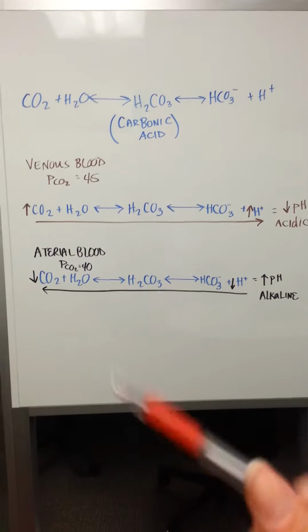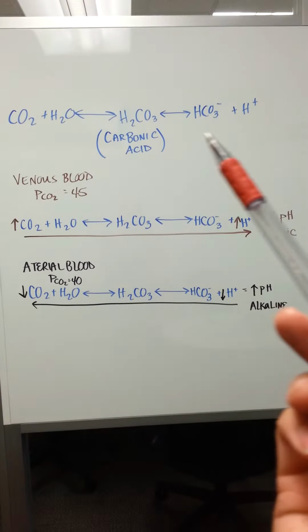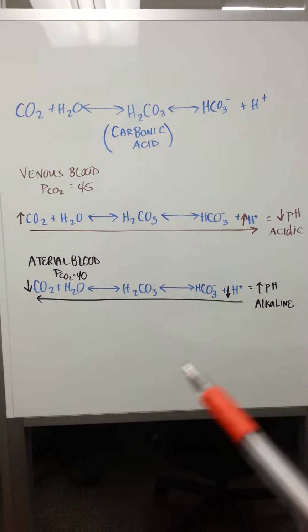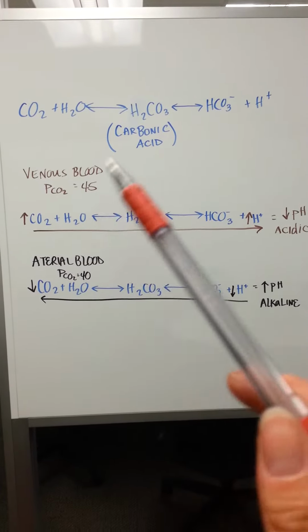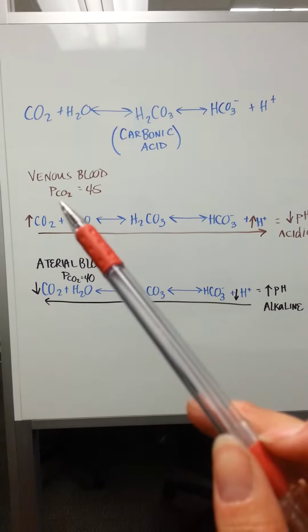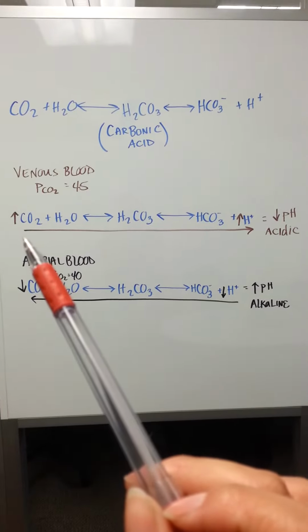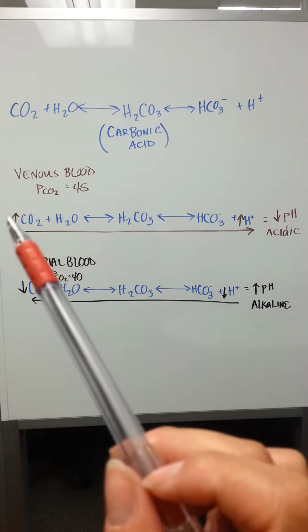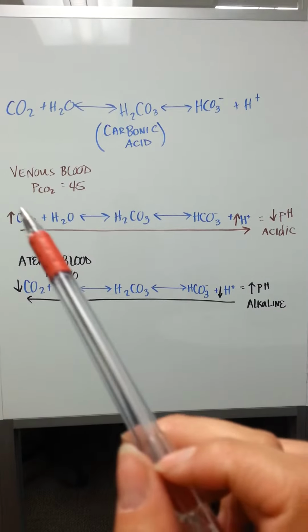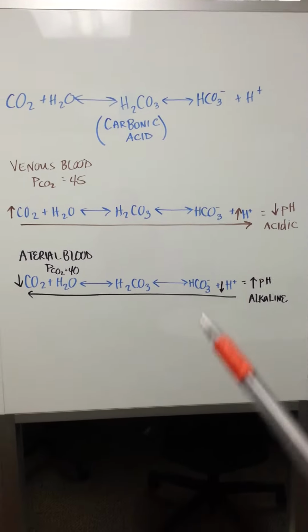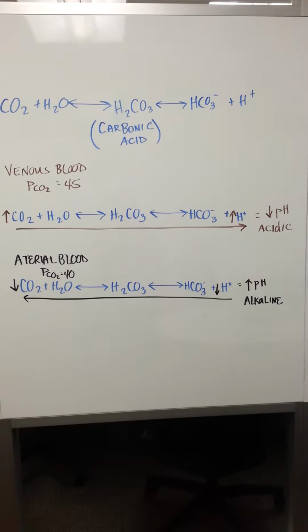Like I said again, this equation up here in blue is very important. As you can see, I have different color arrows here. We have the venous blood at partial pressure of carbon dioxide at 45, like I said earlier. That basically means we have an increase in carbon dioxide. An increase in carbon dioxide gives you an increase in hydrogen.